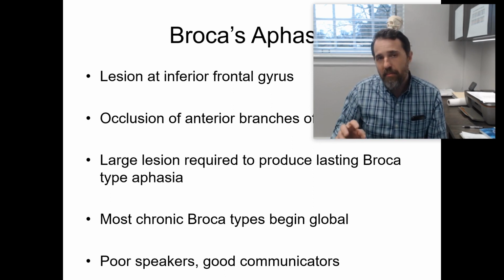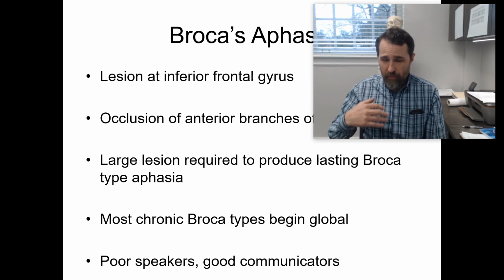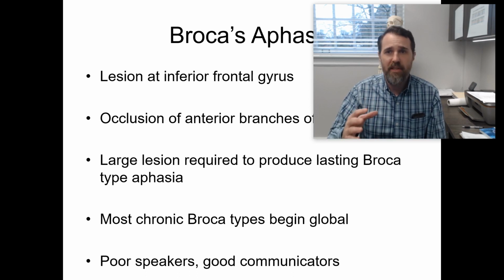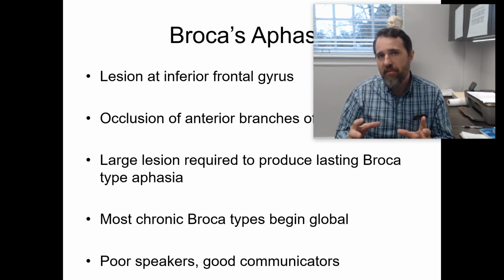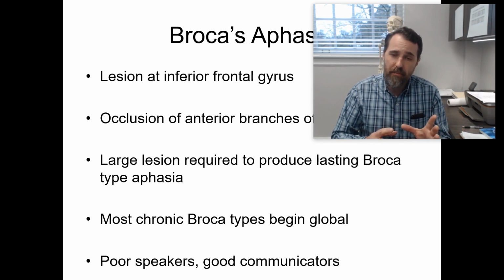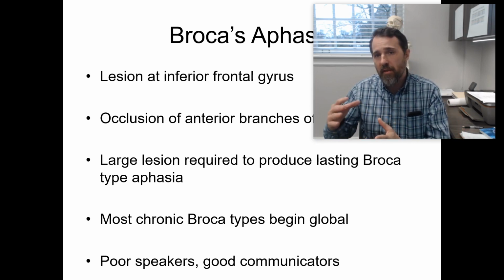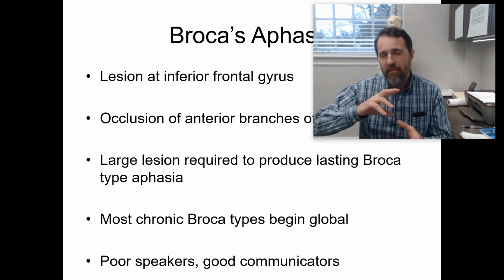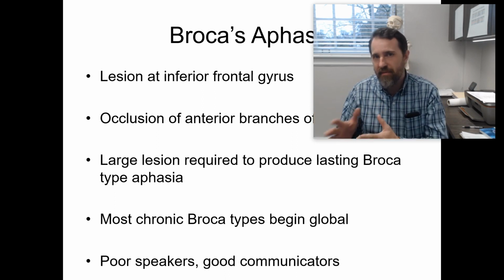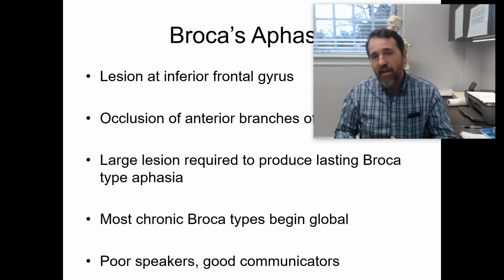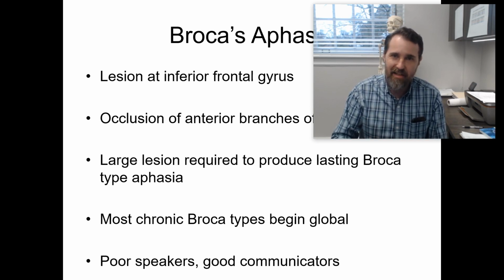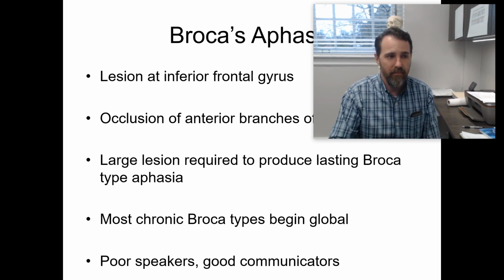And a lot of the people that you see with aphasia, they're going to present the next day, the day after their stroke, as a more severe aphasia, like global aphasia, like Broca's aphasia. But they're going to quickly recover, and their type of aphasia will evolve as their deficits change. It requires a pretty big lesion to produce a lasting Broca's aphasia.